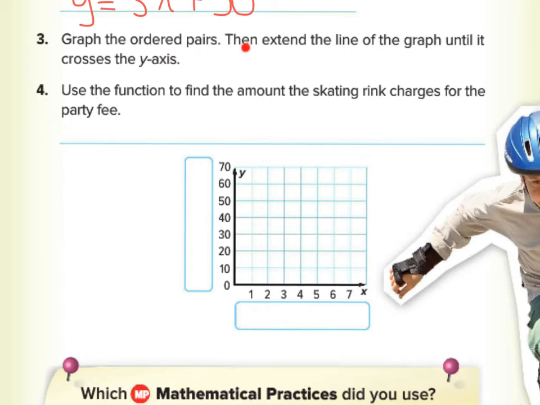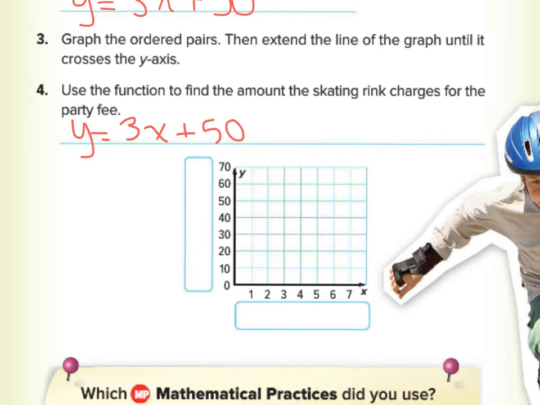Question 3. Graph the ordered pairs. Then extend the line of the graph until it crosses the y-axis. Use the function to find the amount the skating rink charges for the party fee. Okay, so if we're going to graph the equation y equals 3x plus 50, I know that my y-intercept is 50.